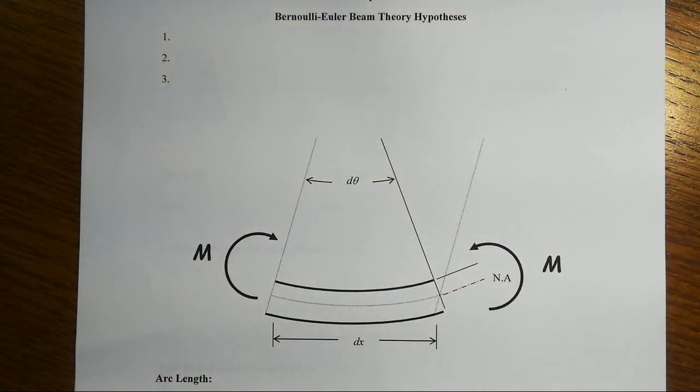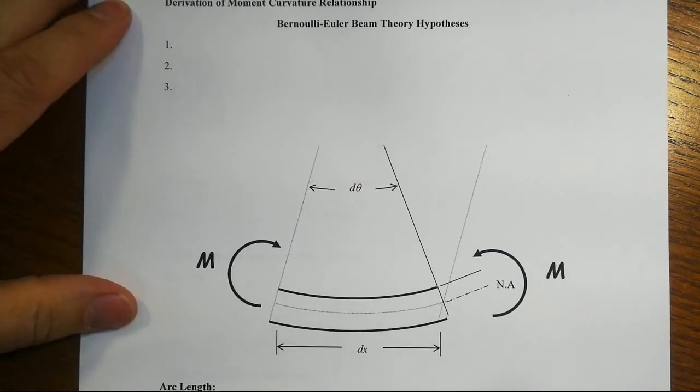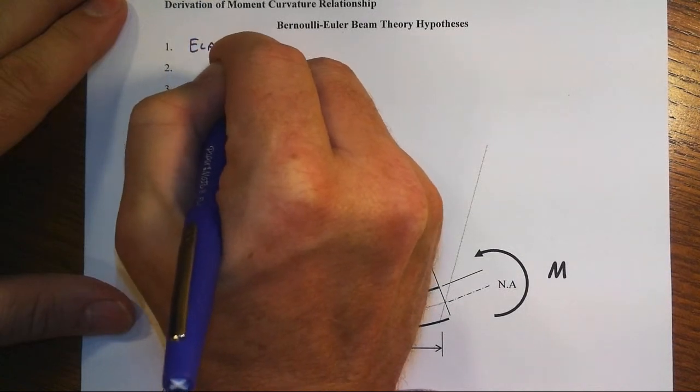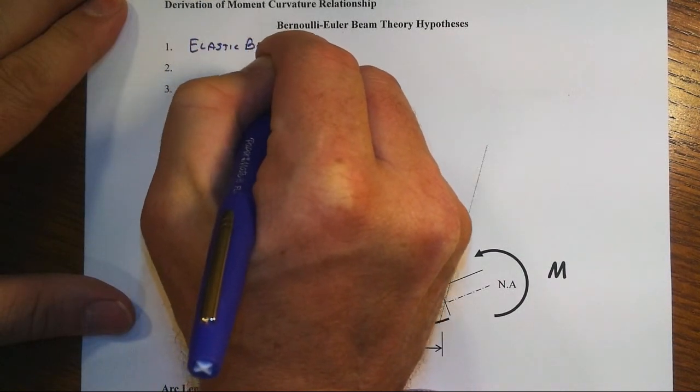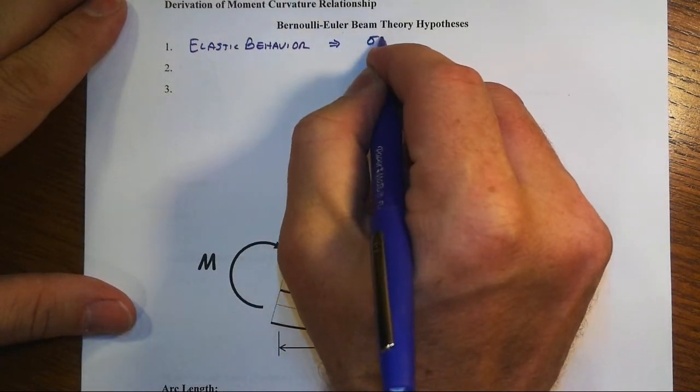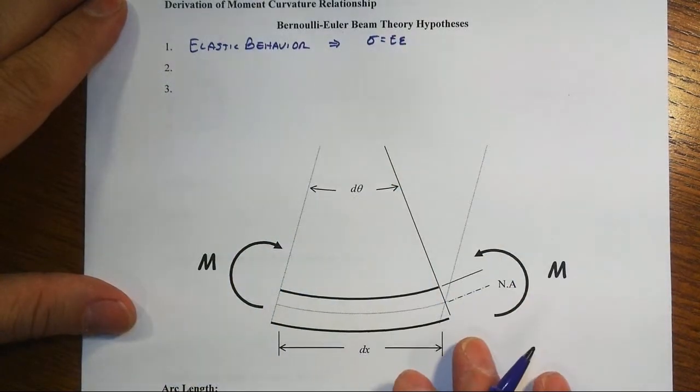So what we're going to make as our hypotheses here are, A, we're going to talk about elastic action. That immediately brings in, of course, Hooke's law, sigma equals E epsilon, as a consequence.